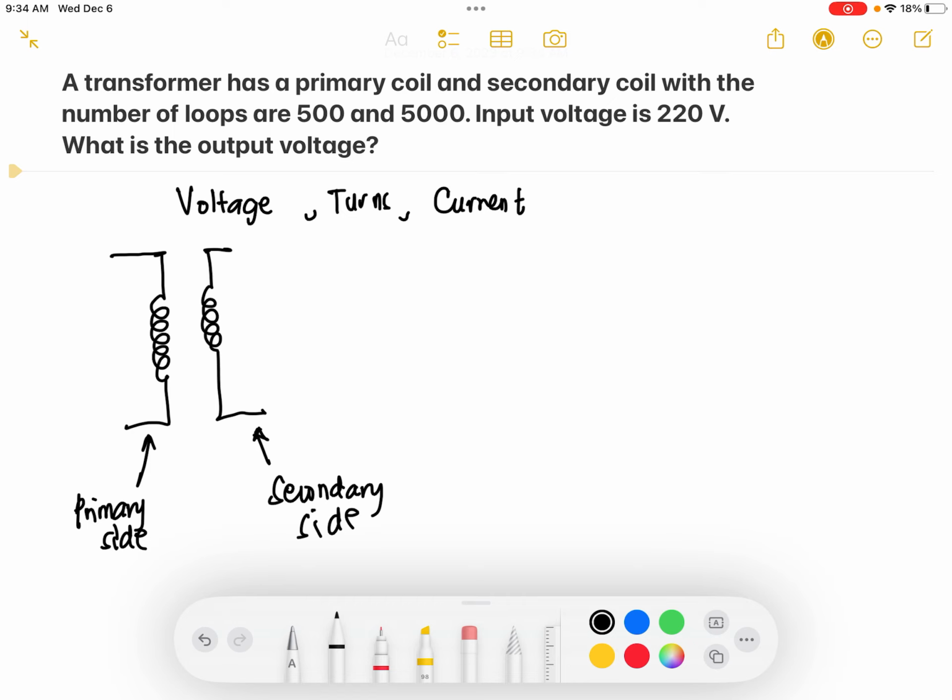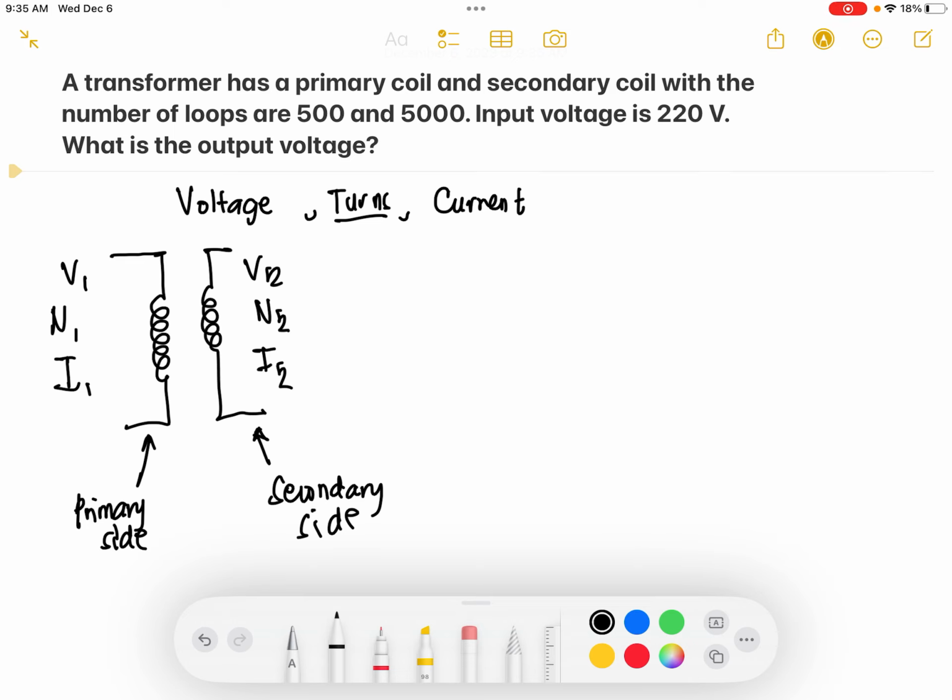For the voltage of the primary side, we will call it V1 and V2 for the secondary side. For turns or coils, we will call it N1 in the primary and N2 in the secondary. And for the current, we will call it I1 and I2.